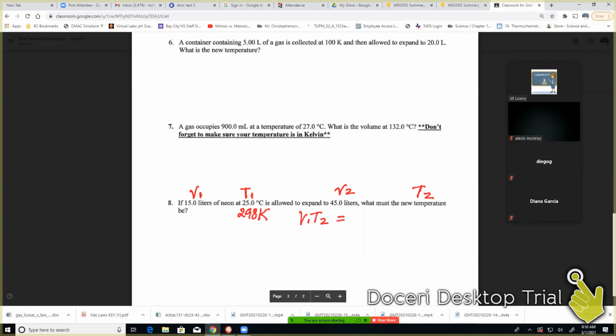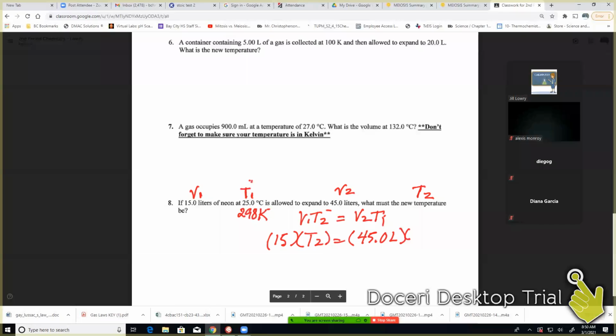So my formula V1 T2 is equal to V2 T1. And once again, we've labeled everything, so now it's just plugging it in. Volume 1, V1 is 15 liters. T2 is my unknown. Volume 2 is my 45 liters.